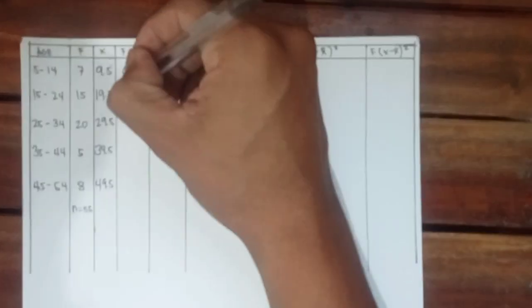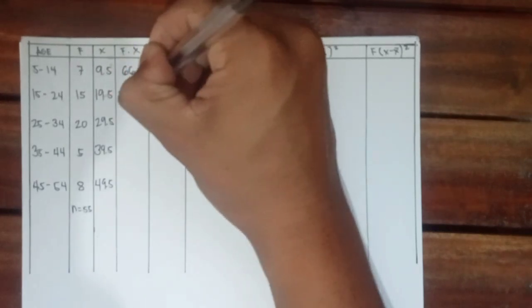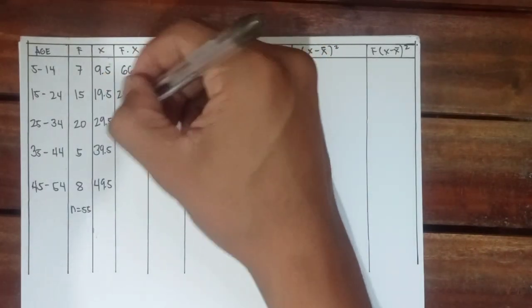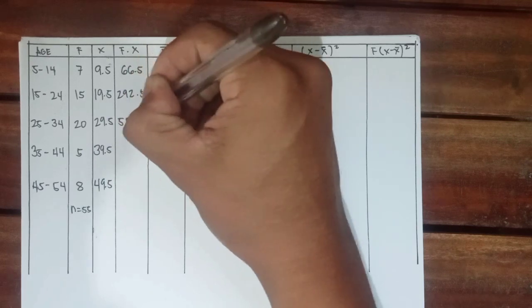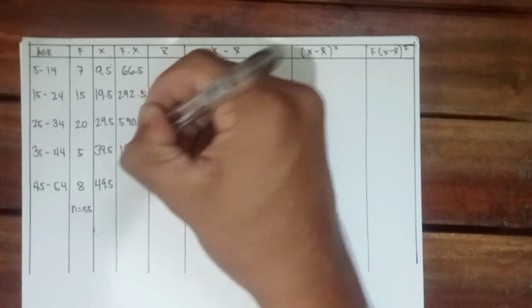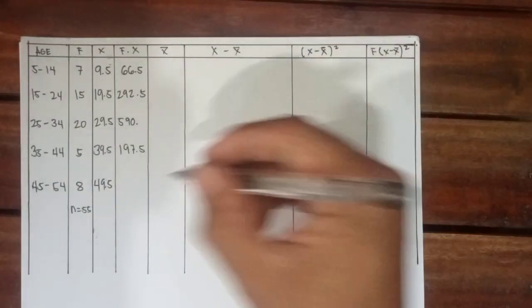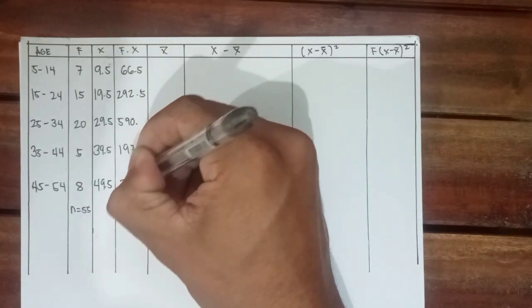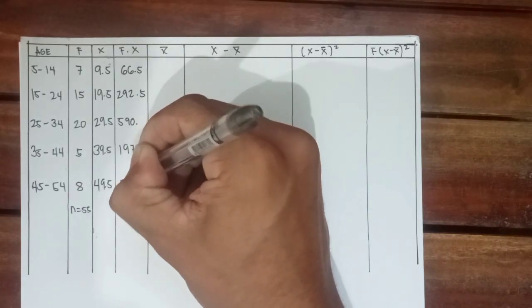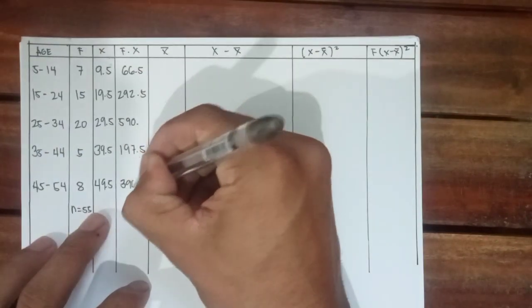The next answer is 292.5 and 590, 197.5, and then 390. Sorry for that. 396.